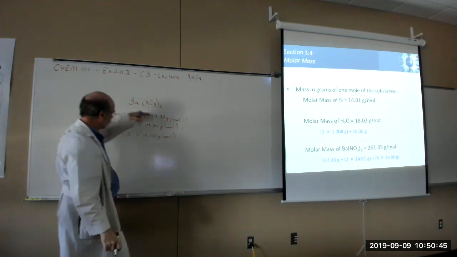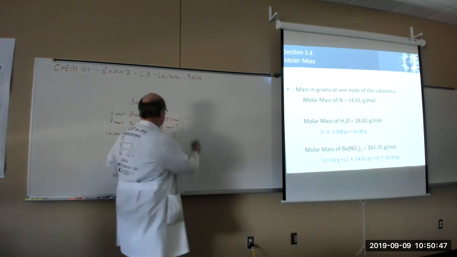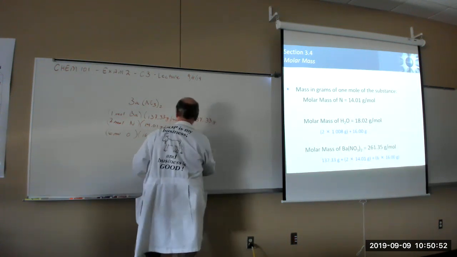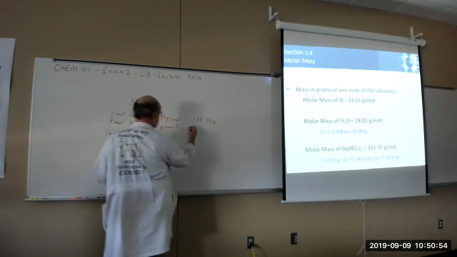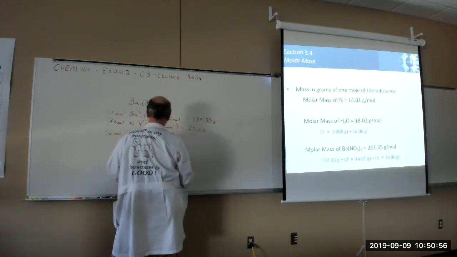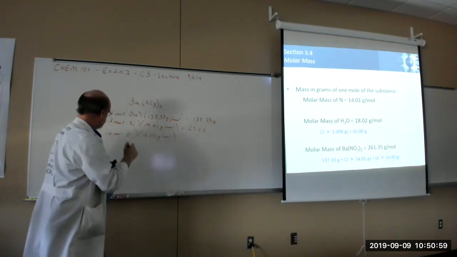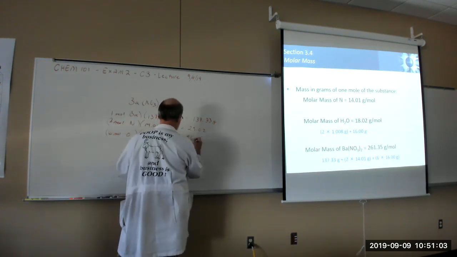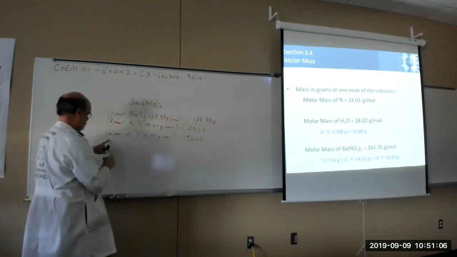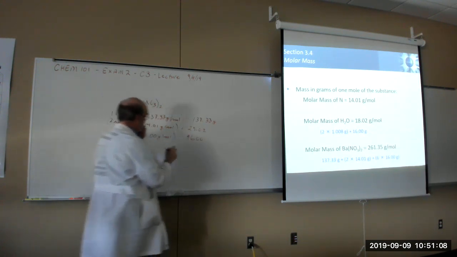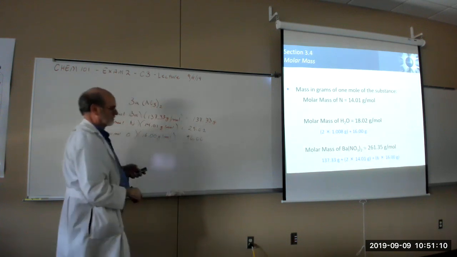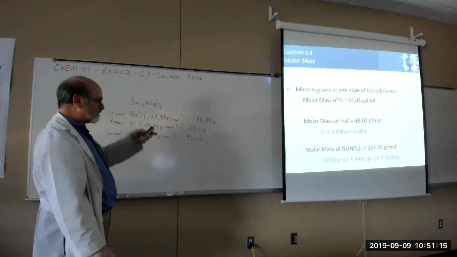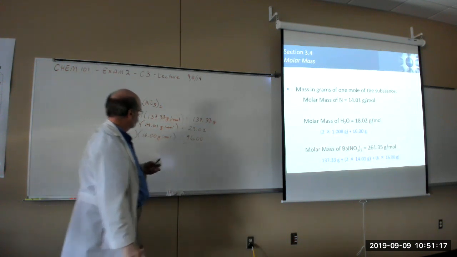So you just multiply this one out. Well, 1 times that is, and then 2 times this one, and then 6 times that one. See if I can do that with my head. Is that right? 96? Yeah, I think that's right. Then add those together. And it should be 261.35.